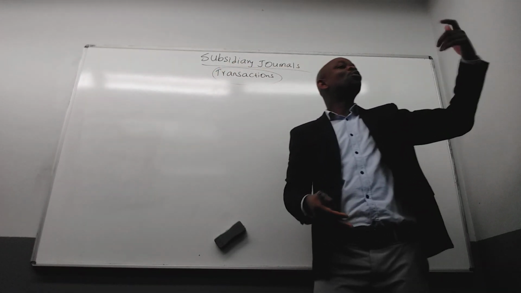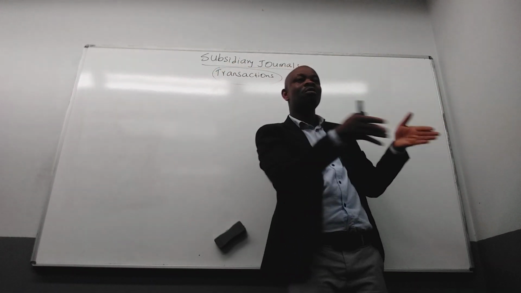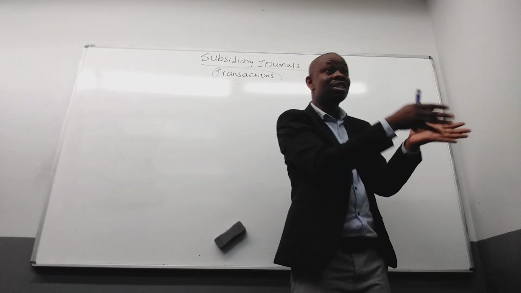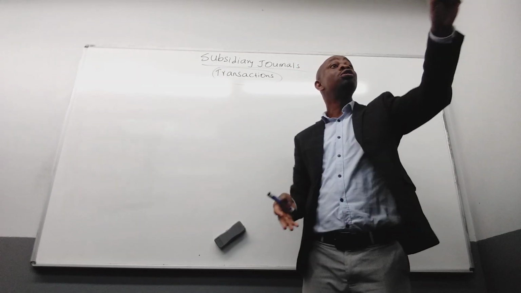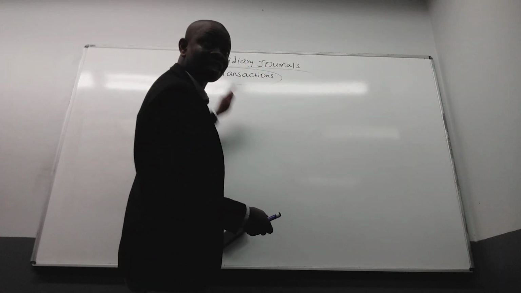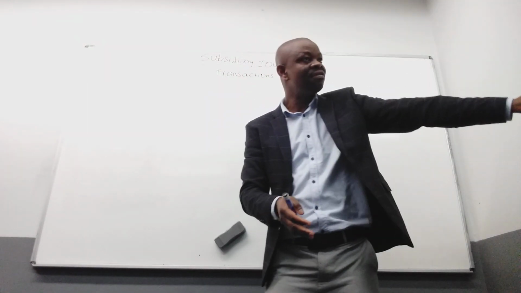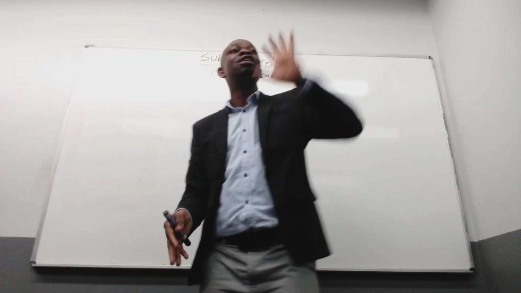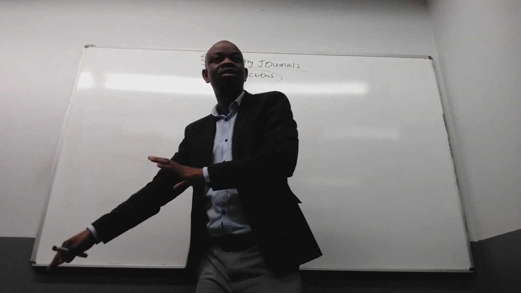When we sell goods on credit, we need to have a book for only those transactions. So those books are called subsidiary journals. Are you okay? Meaning cash received aside, cash payment aside, sales on credit aside, purchases on credit aside.